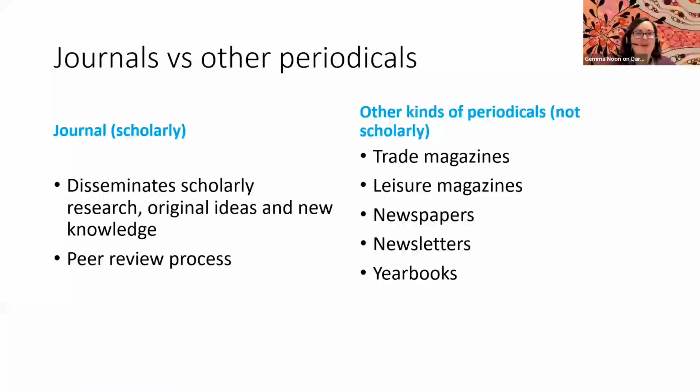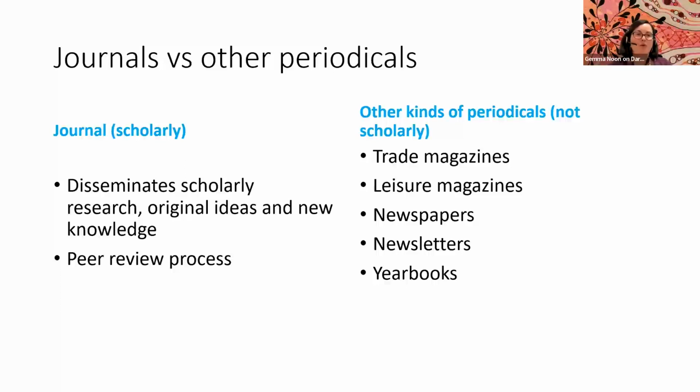Thank you. So now we're going to talk about journals and compare them to other kinds of periodicals that you may have heard of. So a periodical publication is published at a regular time point. So they've got a regular publishing schedule. Other kinds of periodicals that are not scholarly, which you may have heard of, include things like trade magazines, leisure magazines, newspapers, newsletters, and yearbooks.